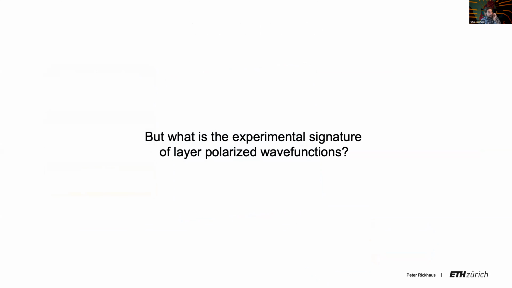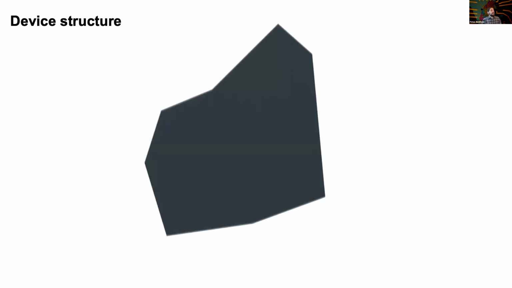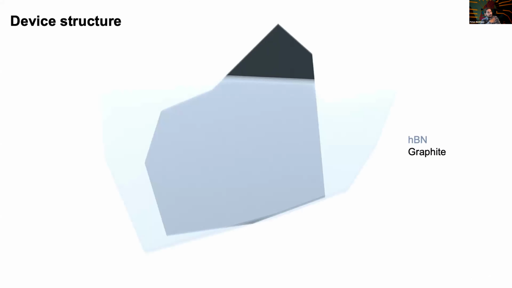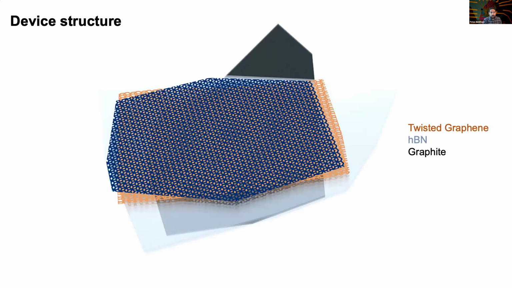So apparently it's crucial to have this layer polarized wave function, but how would one experimentally detect it? For this, it's probably good to understand how our devices are built. So usually we start with a bottom graphite backgate, which is insulated with a boron nitride layer from the active structure that we want to measure, which is the twisted double bilayer graphene in that case.